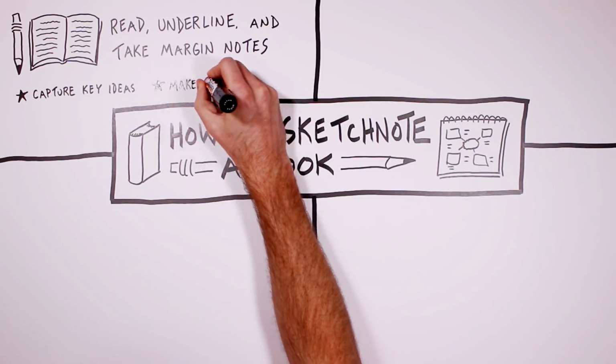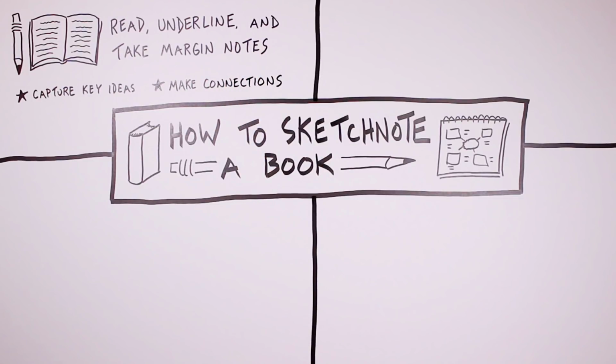And I'm also looking to make connections to other books that I've read, other authors, other ideas, and also connections to my own personal experiences, often related to some significant event or insight from my past, or something related to a current project that I'm working on that's top of mind. It's via the margin notes that I capture those connections, and that's a way for me to personalize the reading experience, to integrate the things that I'm learning about into my own current understanding of the world.